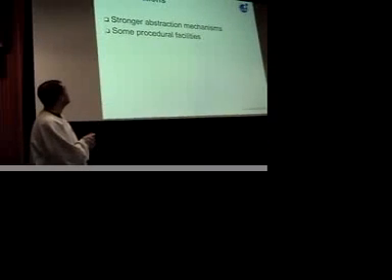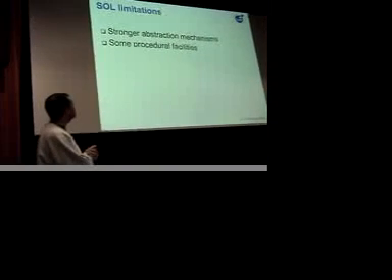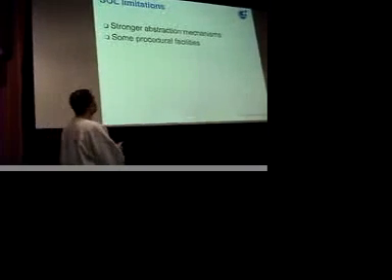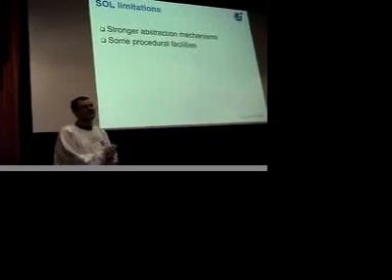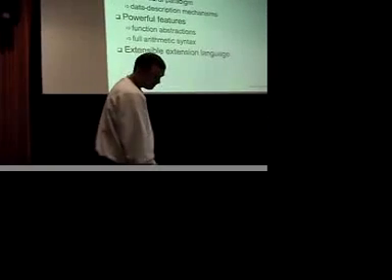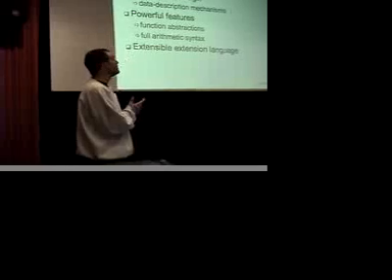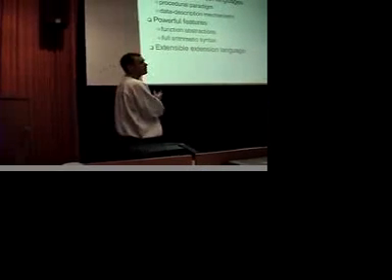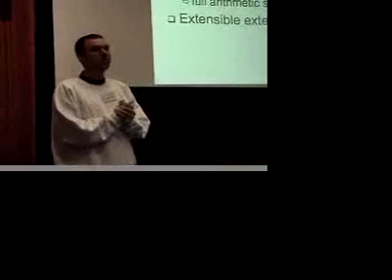Again, we saw it had some big limitations. Again, we needed abstraction mechanisms. We needed some kind of procedural facility sometimes. And then we met and we decided that we could create a single language that should be able to solve both problems.